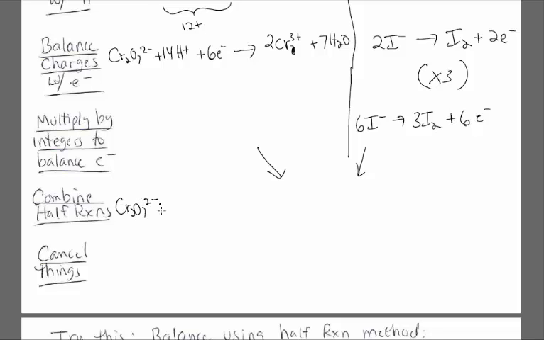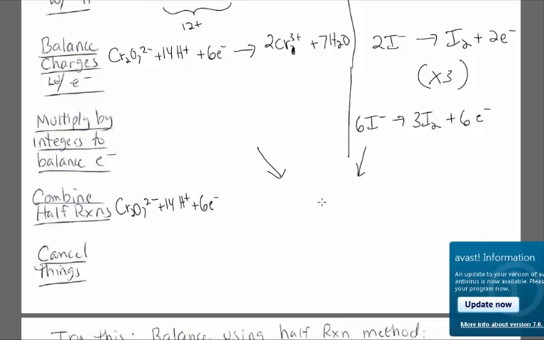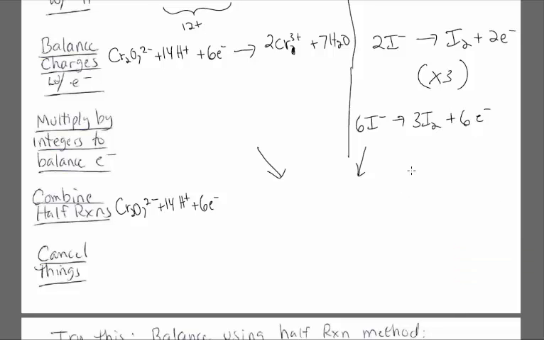Cr2O7 2 minus plus 14H plus 6 electrons. Put all the reactants on one side, plus 6I minus, and all the products on the other side: 2Cr3 plus, 7 waters, plus 3I2 plus 6 electrons. We can cross out anything that appears on both sides.